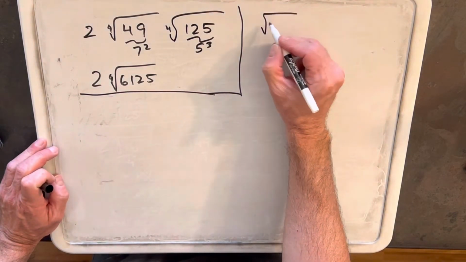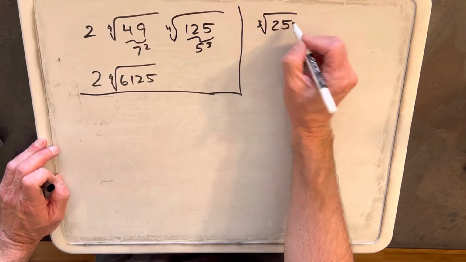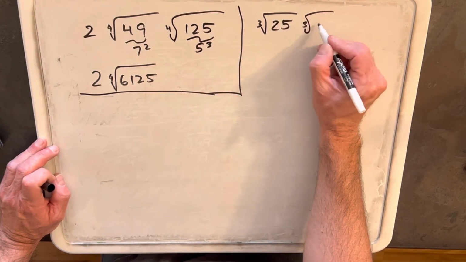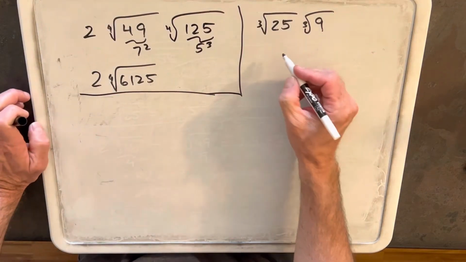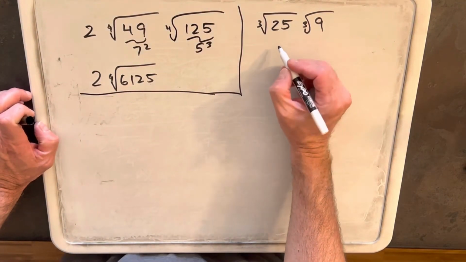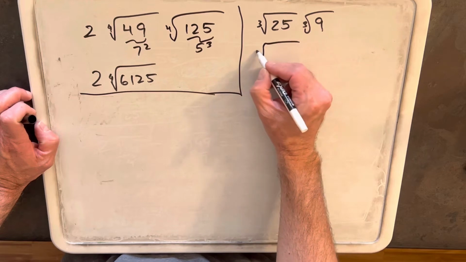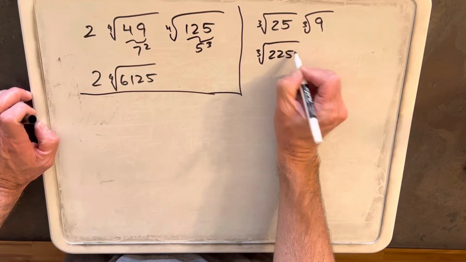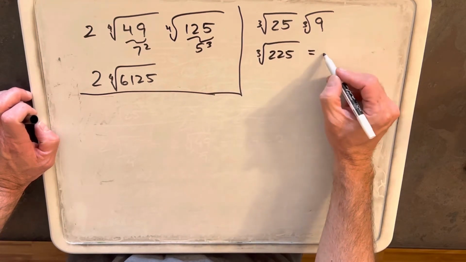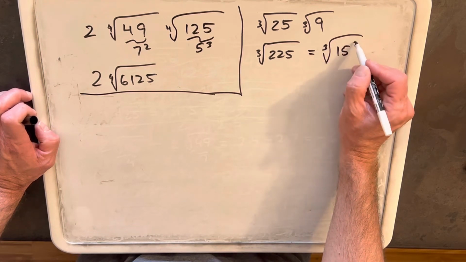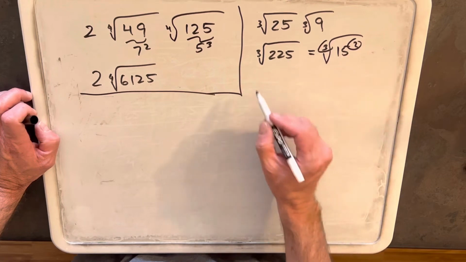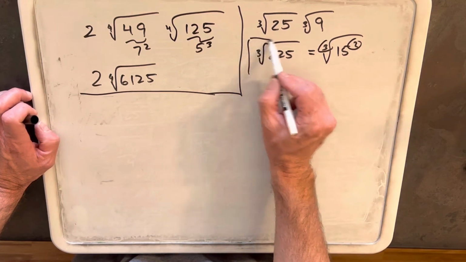Next one, we have the cube root of 25 times the cube root of 9. Interesting, I think we're stuck again, because 9 times 25 is 225, so we end up with the cube root of 225. This is the same thing as 15 squared, but again, the exponent here is less than the index, so I think we're going to say that this is the answer.